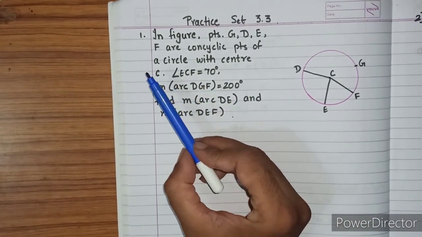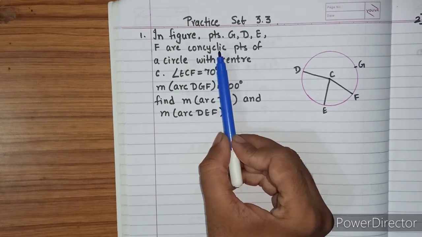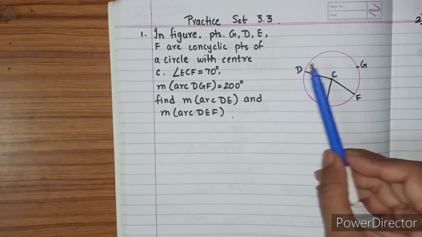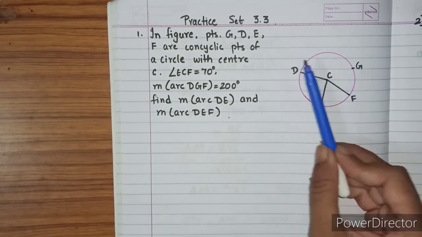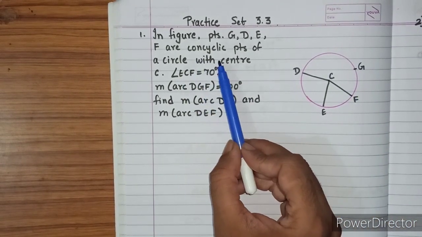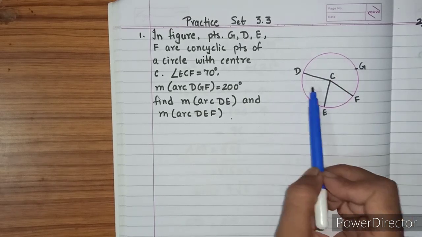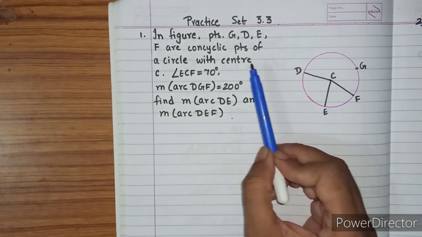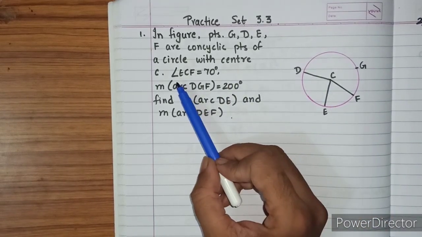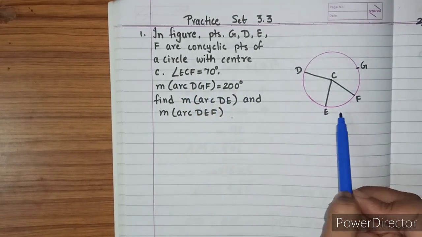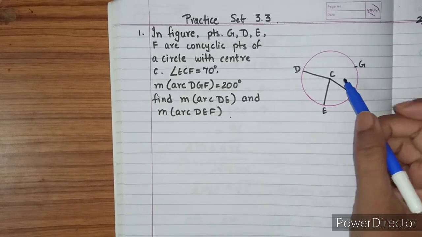Let us read out. In figure, points G, D, E, F are concyclic points. Concyclic means they lie on the same circle, a circle with center C. Angle ECF is given to us.